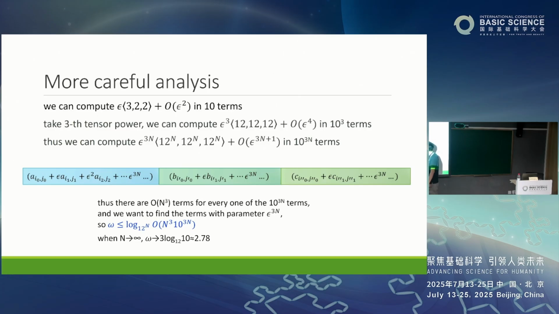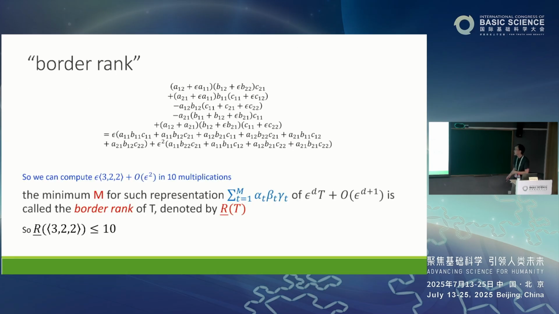So if we take the nth tensor power, this one will be negligible. So such a method can compute the matrix multiplication coefficients exactly, not approximately, even though it seems to have epsilon here.